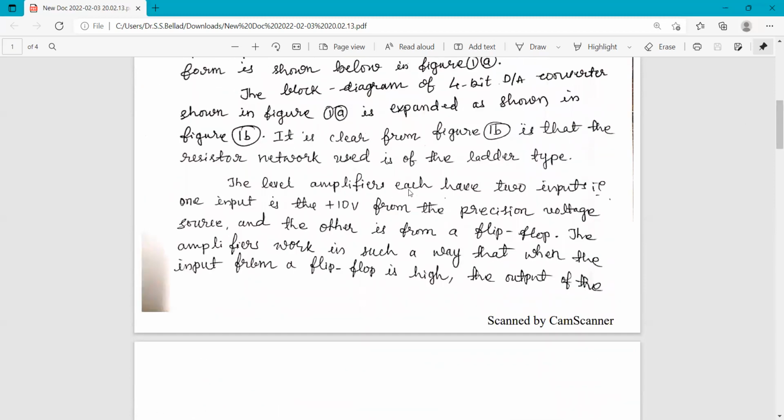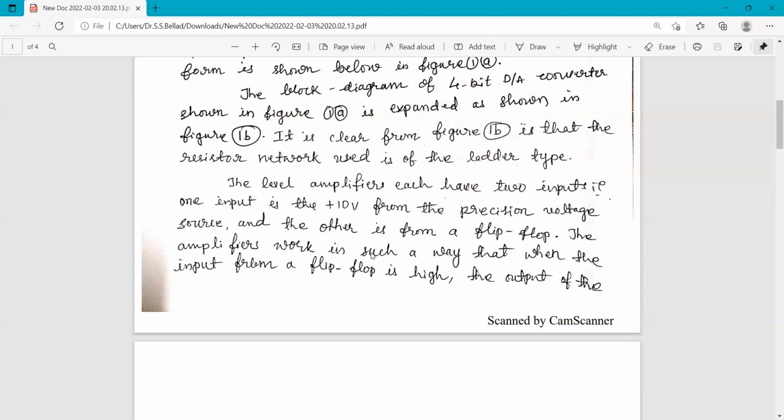Next, the level amplifiers each have two inputs. One input is the plus 10 volt from the precision voltage source, and the other is from a flip-flop.